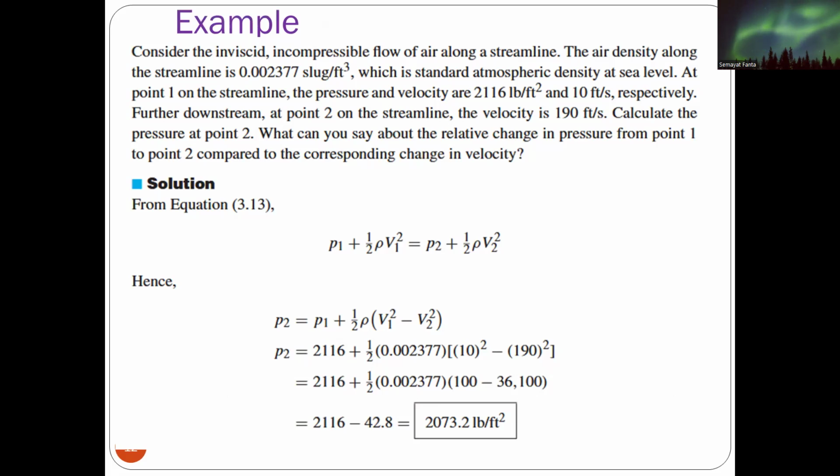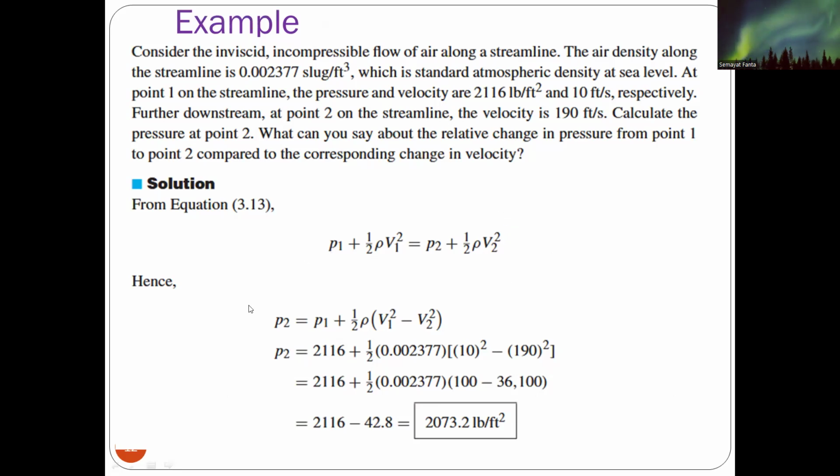So these are two questions. For that, we directly use Bernoulli's equation, considering the same elevation, so the potential part will be taken out. So P1 plus half rho V1 square is equal to P2 plus half rho V2 square.